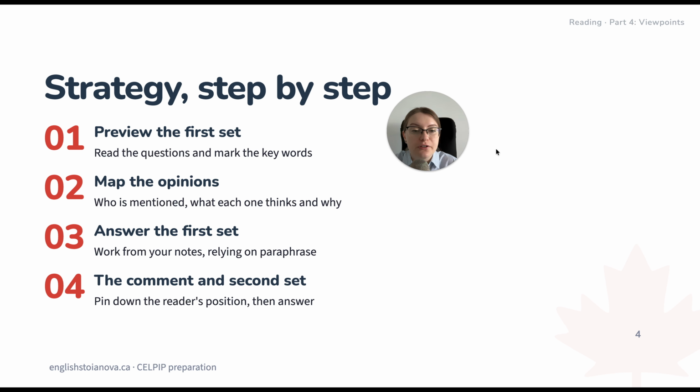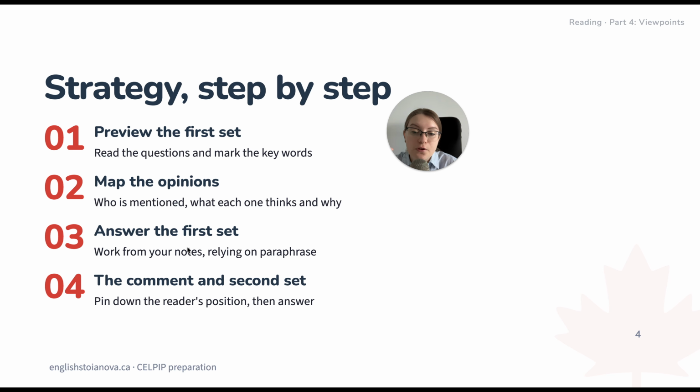We are under time pressure, so we start by reading the questions, not the text, and marking the keywords. Usually, who is mentioned, then we will be able to find the relevant parts in the text, and just A, B, C, D, there will always be an option, so that's good for us.